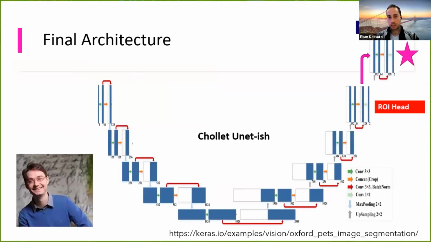Okay, so if we look at the final architecture, we have a Cholet UNet-ish kind of network, with more filters, so a wider network, and we have the extra convolutional block for the empty head.